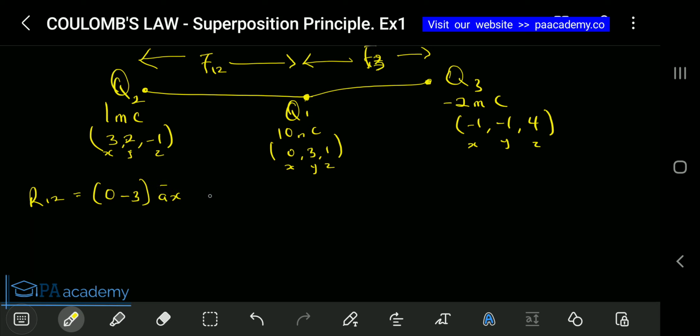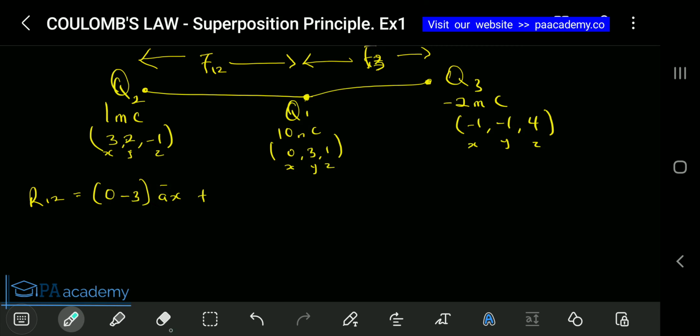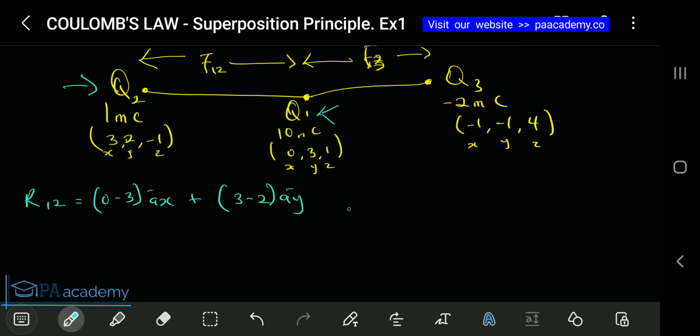So AX plus, okay, so let me just use a separate color here. So my R12, so I'm dealing with this and then this. So our R12 will be 0 minus 3 AX plus 3 minus 2 AY plus 1 minus 1 AZ.